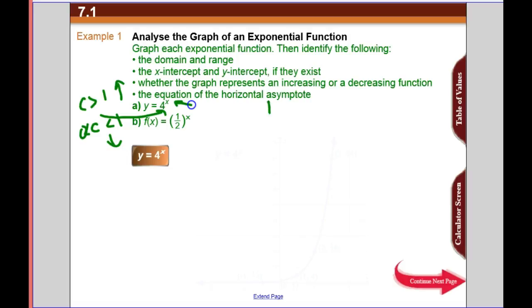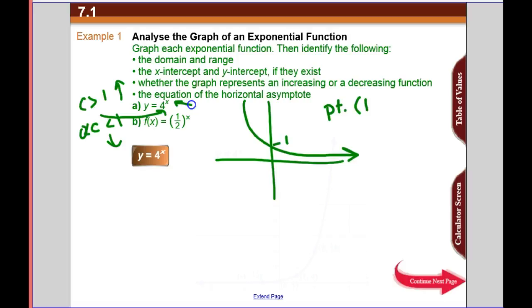So if we were going to look at what this graph would look like, this one would be an increasing function, and increasing ones don't cross the x-axis, and they cross the y-axis at 1. So the point is 0 over, 1 up.